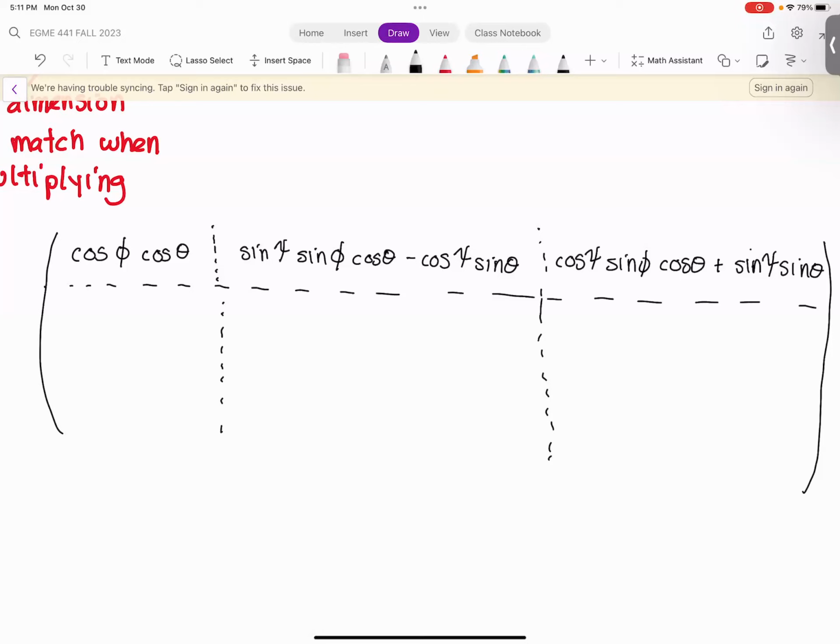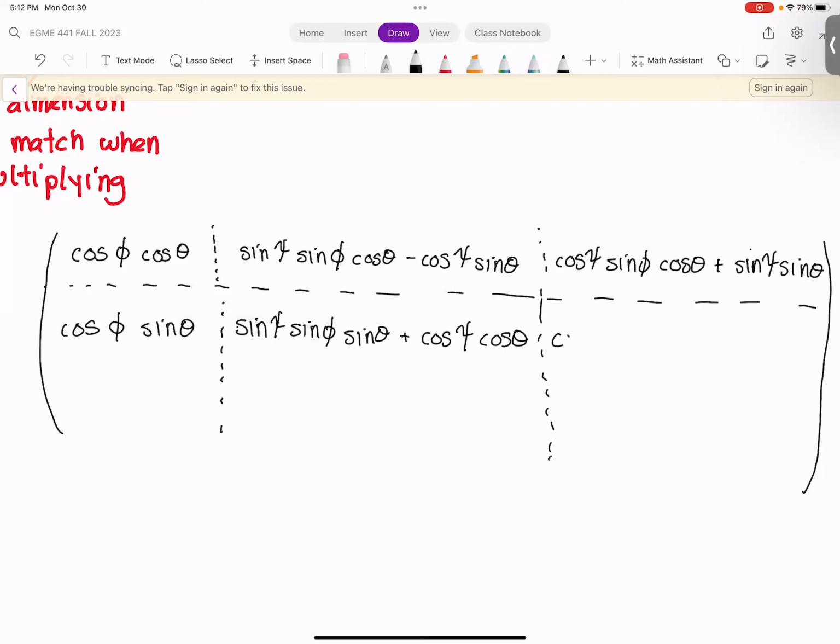Okay, second row. We start with cosine phi, sine theta. Next entry here, we have sine psi, excuse me, then a sine phi, and sine theta, plus cosine psi, cosine theta.